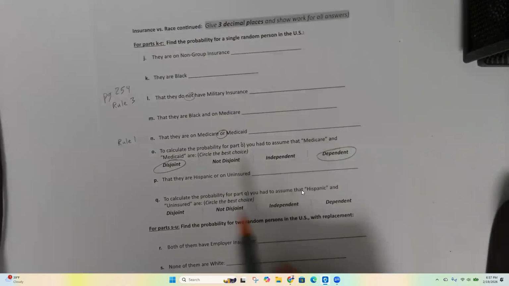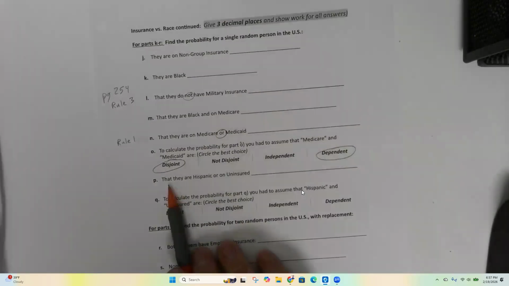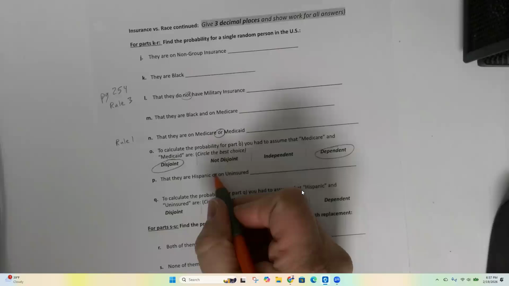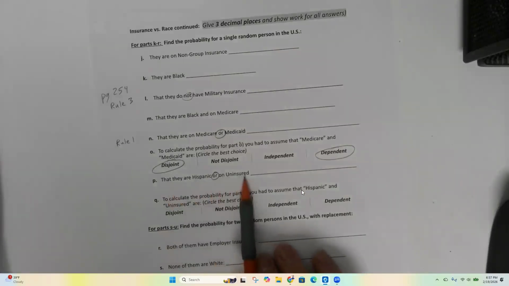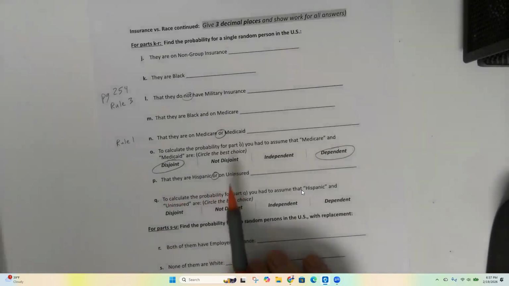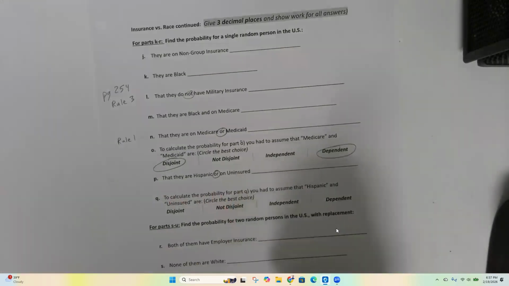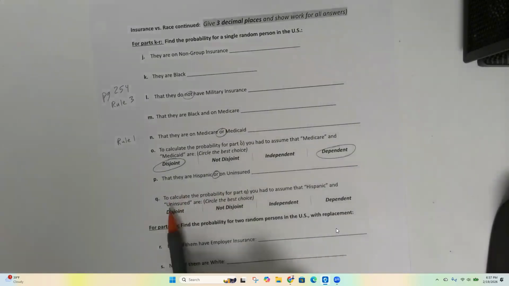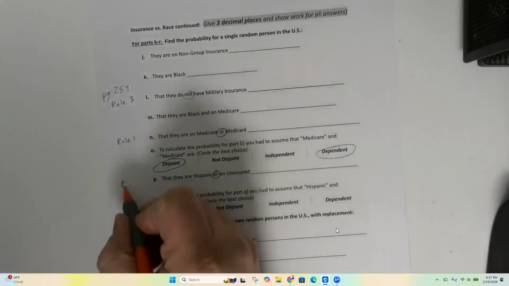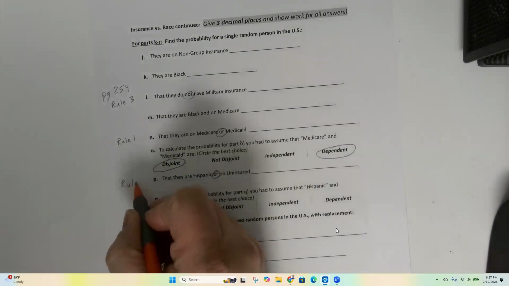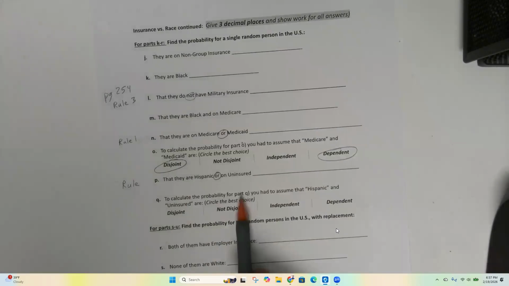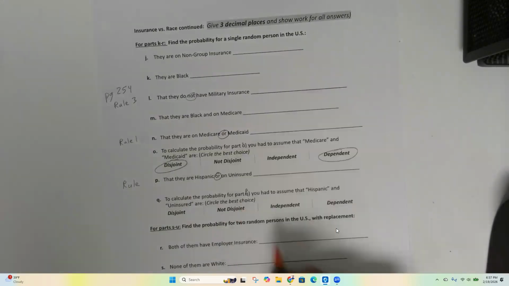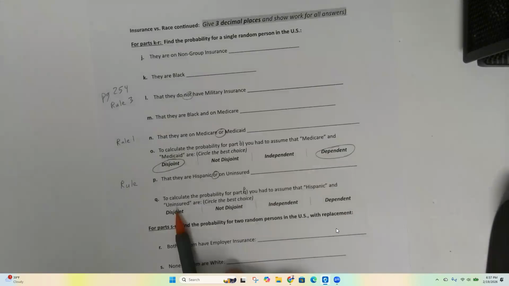Part P, that they are Hispanic or on uninsured. I don't think you can be on uninsured, you're on the uninsured plan. So this one is going to be rule one or two again, depending on whether those are disjoint or not. To calculate your probability for part P, you had to assume that Hispanic and uninsured are disjoint or not disjoint.